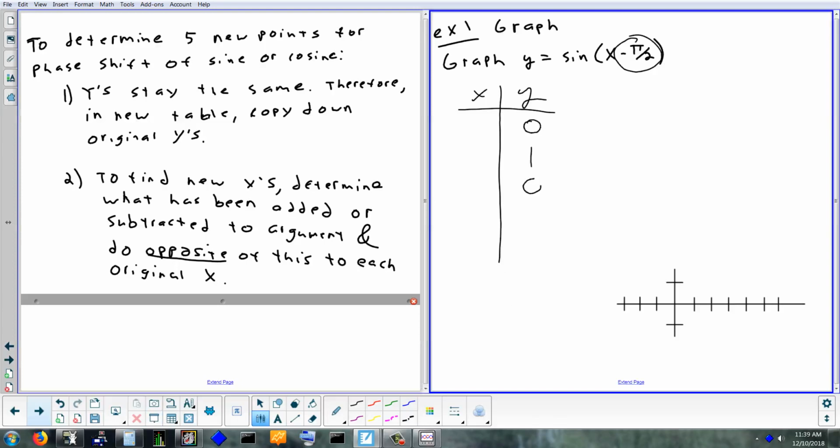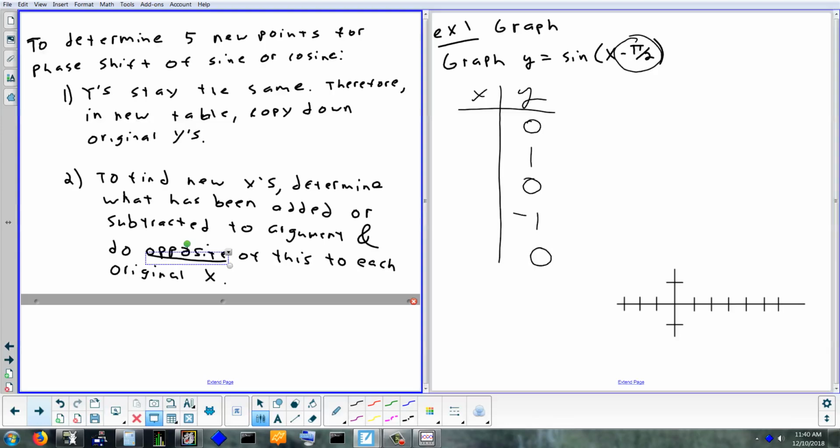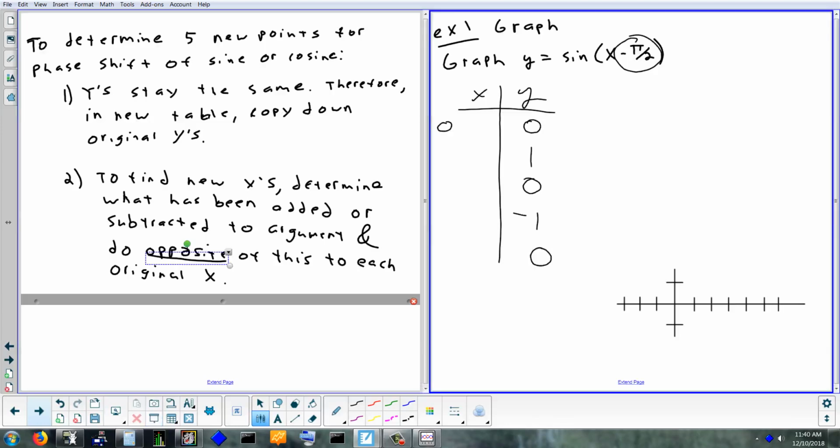Yep. Usually the way I grade something like that is I give you a point for each x and y value you got right. So there'd be 5 points right there. Got all the y values right. Now we're going to get all our x values. So I'm going to start with the originals, and then I'm going to do something to them. So my first x value is 0.